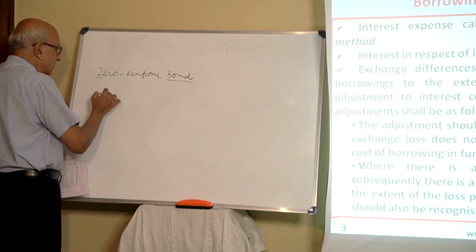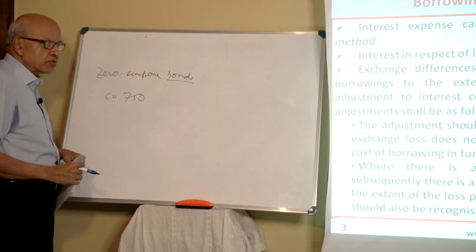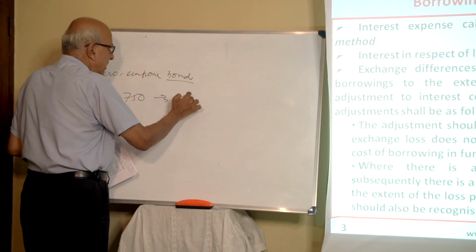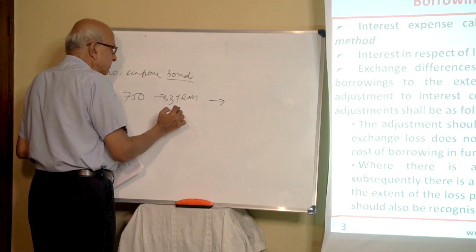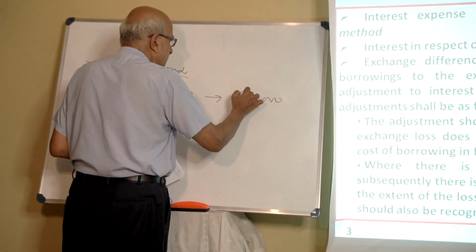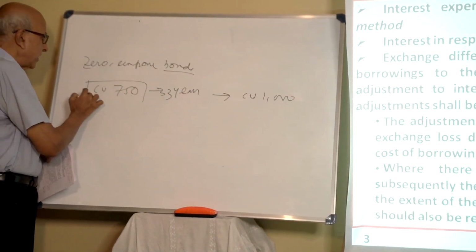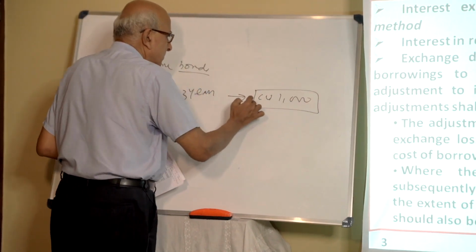That means one bond is issued for 750 rupees. Tenure is 3 years and redemption amount is CU 1000. Initial amount is CU 750, redemption amount is CU 1000.